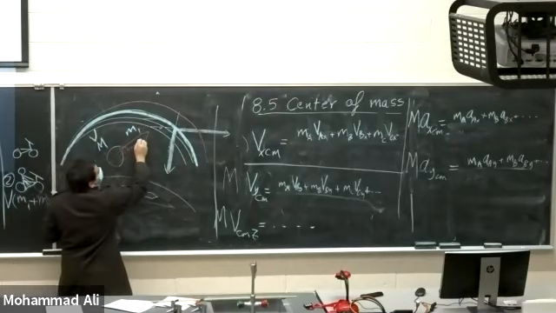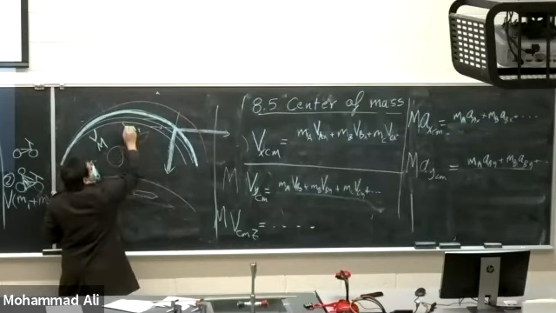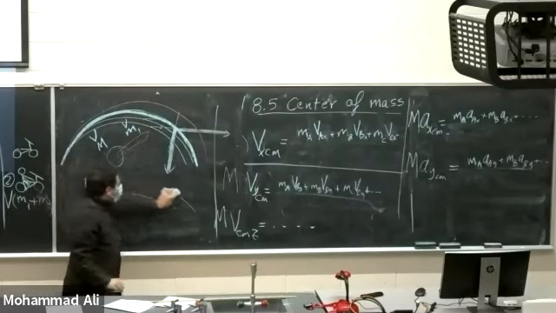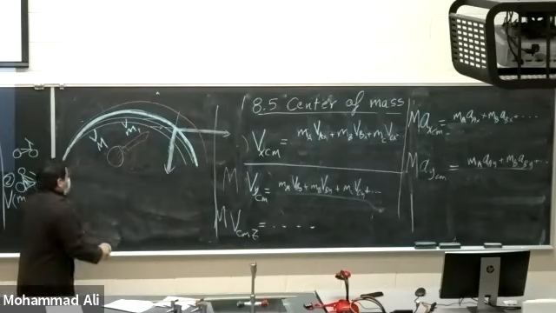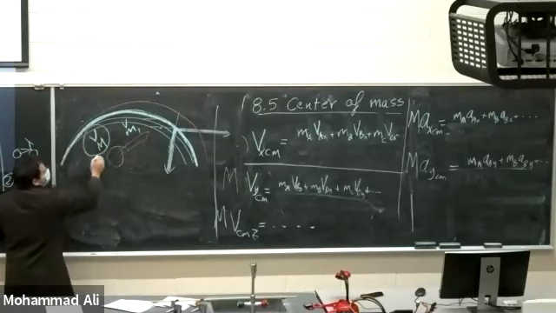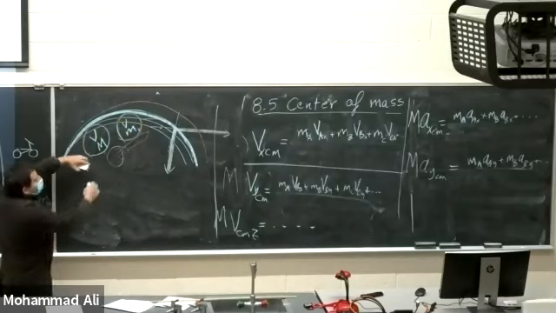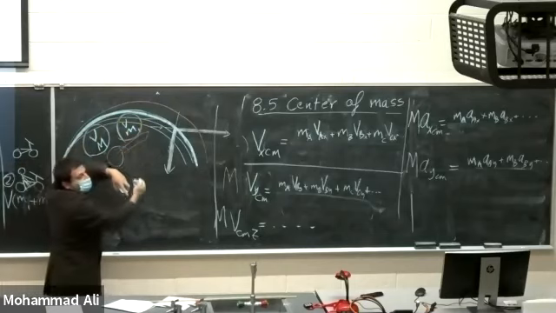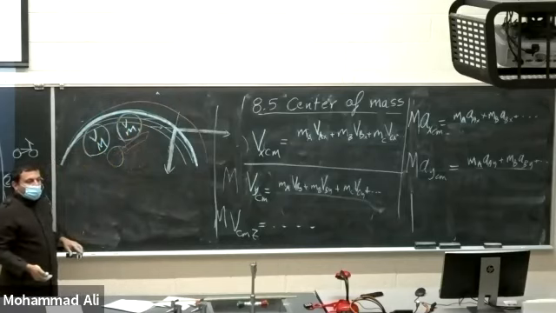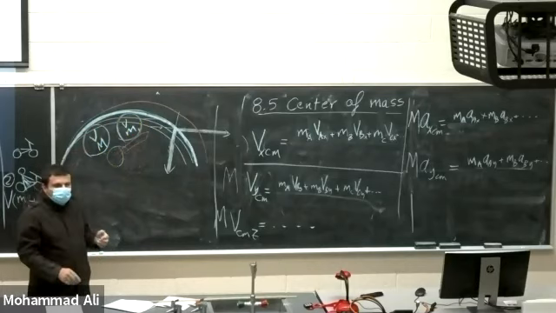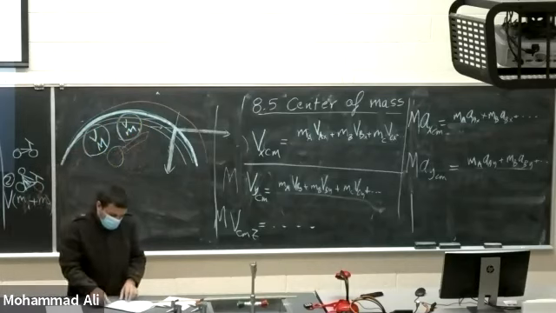And the rocket has its velocity. So the total momentum should be conserved. The total momentum is the momentum of this plus the momentum of this. And there is no need for the existence of any material here to push ourselves using it. We will see that in the next lecture, solving an exam. It will not be difficult.